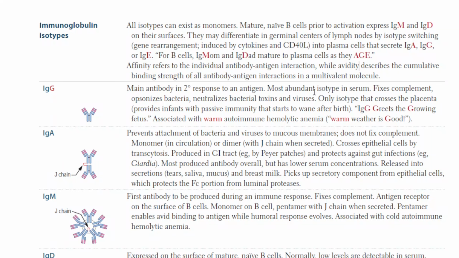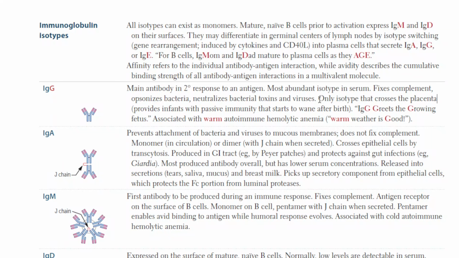The most abundant isotype in serum, immunoglobulin G. Remember, this one is the one who creates the baby, because this is the only one that goes through the placenta. It fixes complement, opsonizes bacteria, neutralizes bacterial toxins and viruses, and is the only isotype that crosses the placenta.